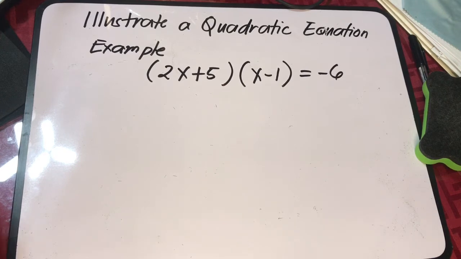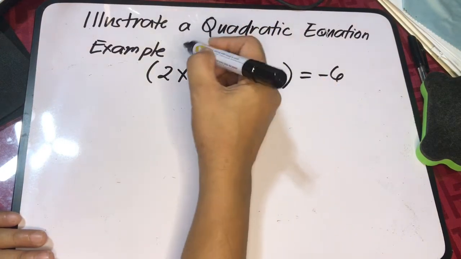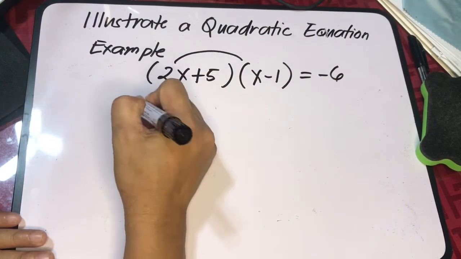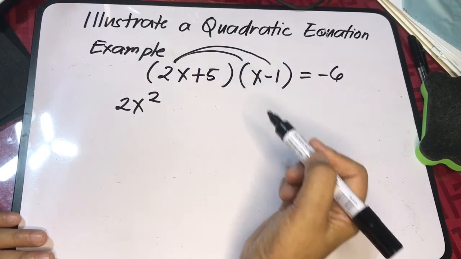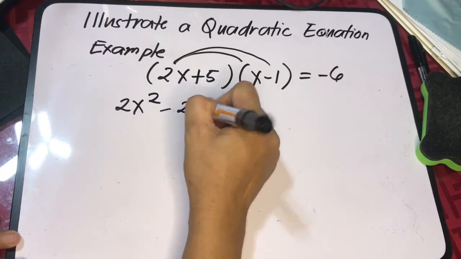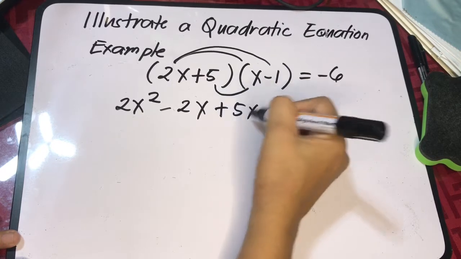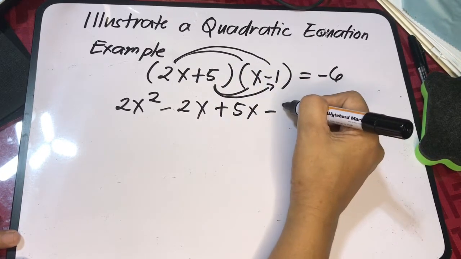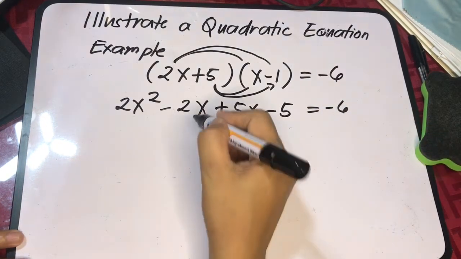Okay, using the FOIL method, we're going to expand the given equation by multiplying 2x times x. So this will give us 2x squared. Then we have the outer term, 2x times negative 1, we have minus 2x. The inner term, plus 5x, and 5 times negative 1 will give us negative 5 equals negative 6.